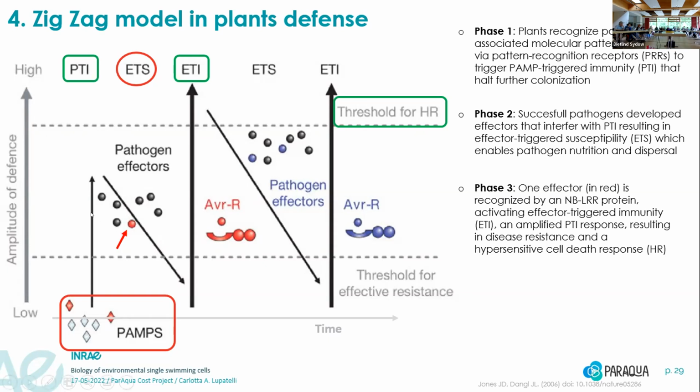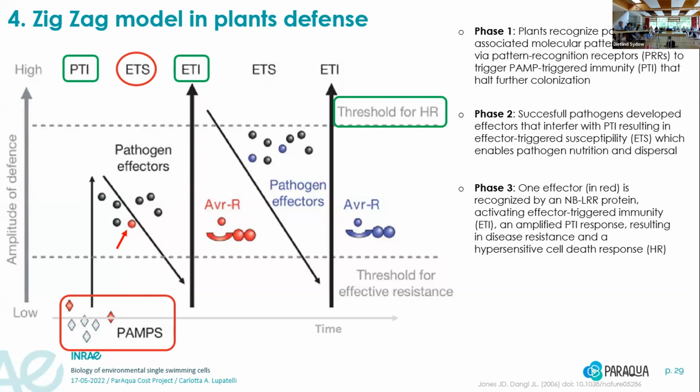And this particular recognition, which is a very specific recognition between a plant and a particular strain of pathogen, leads to ETI, which is the effector-triggered immunity, which consists basically in an amplified PTI response, which results in disease resistance and, above a particular threshold, in the hypersensitive response.